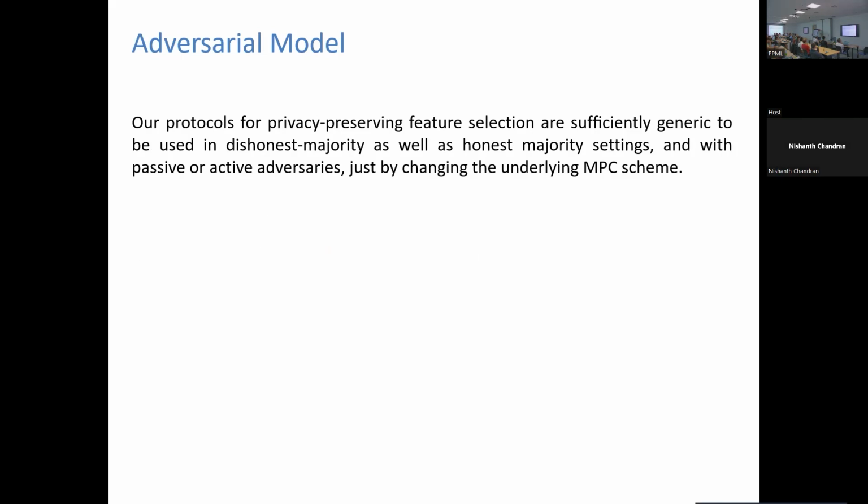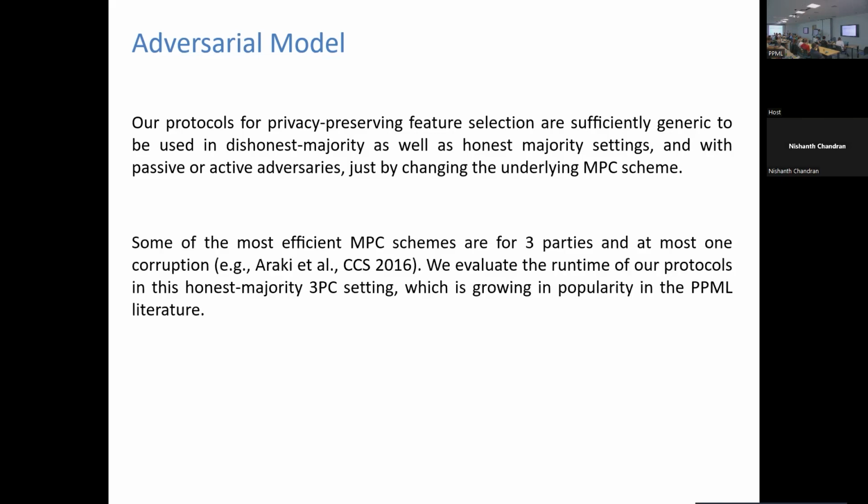Our protocol is generic enough that we can run it on top of pretty much any MPC scheme, even if it's dishonest majority, honest majority, whatever. You just have to change the underlying MPC scheme. But the setup that we considered for efficiency reasons was the following.